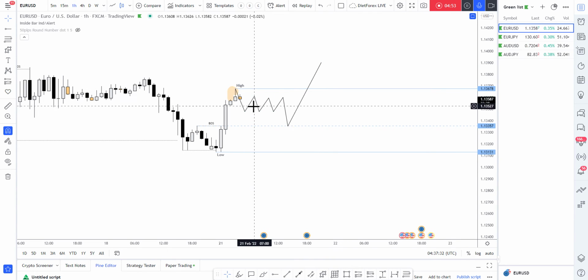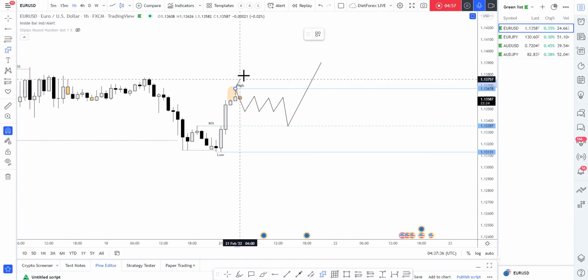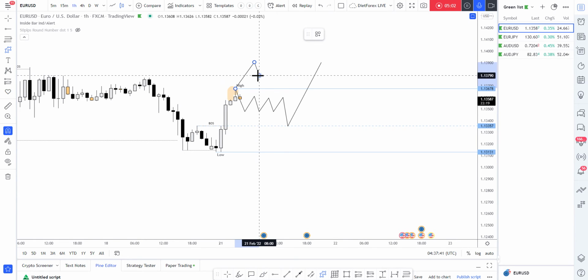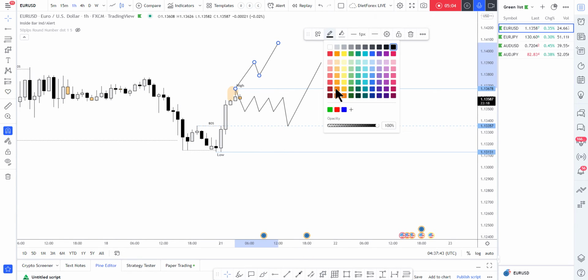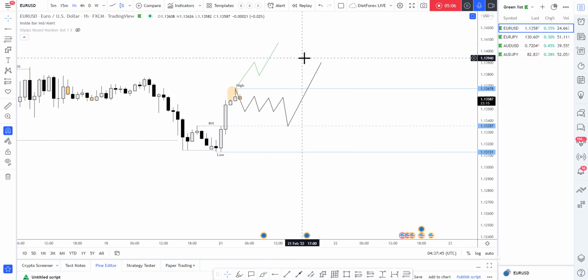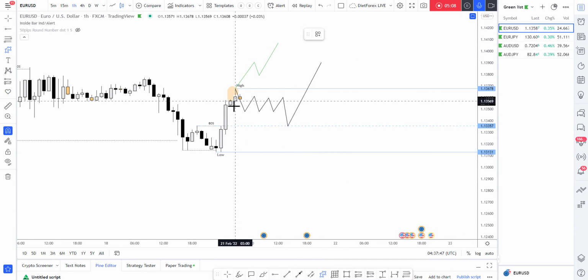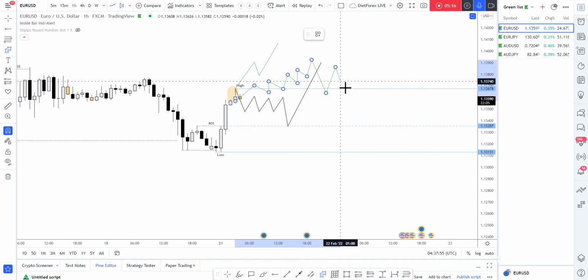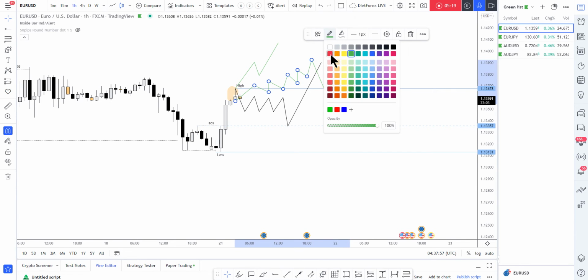So this is what I want to see. And of course we want to get also a continuation or break of this and the bullet to the upside. I would like to turn this into green, and of course we could also see an ascending pattern, and then break of that pattern, retest, and move to the downside.